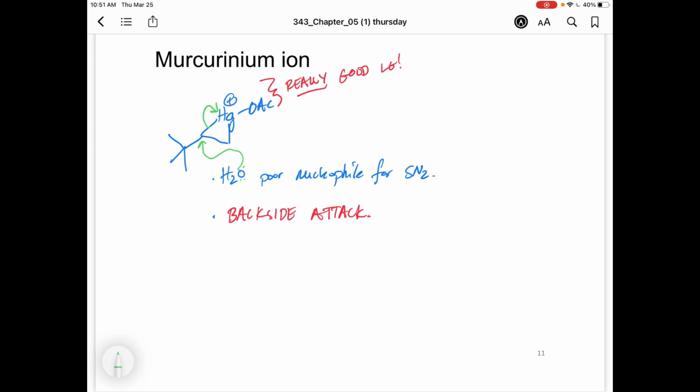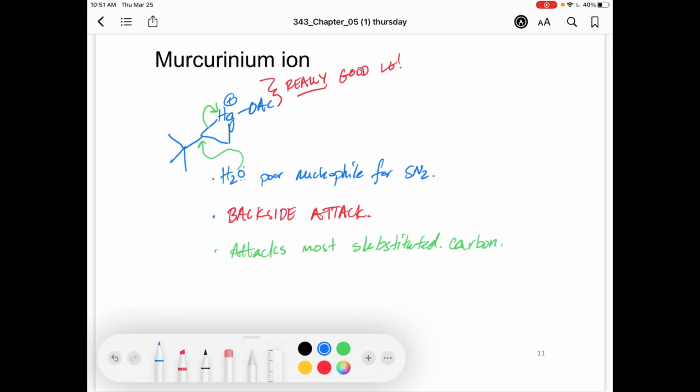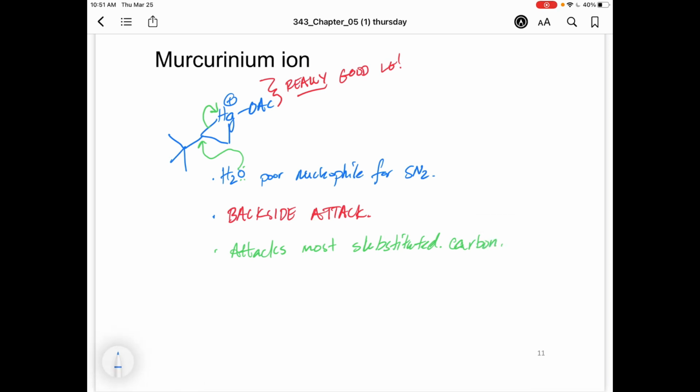There's a second thing I want to talk about, which is why it also attacks the most substituted. So why does it attack the most substituted carbon? Let's look at this. I'm going to redraw it over here.